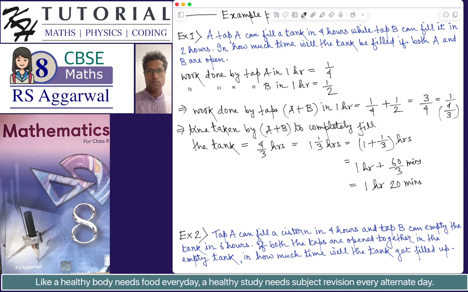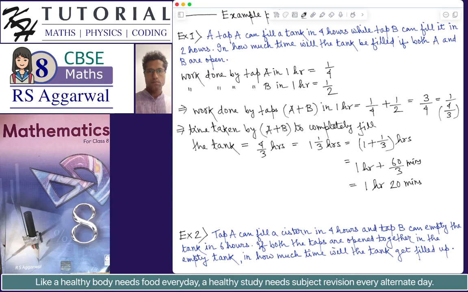Now, I'm prone to make calculation mistakes, so let me quickly check if the answer is correct or not. I think this example is taken from the book itself. Let me check. Oh no, that is an example from the book itself, but I have changed the figures.